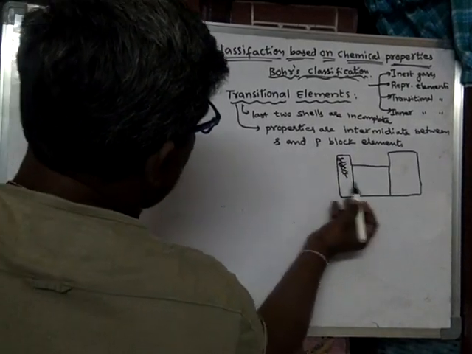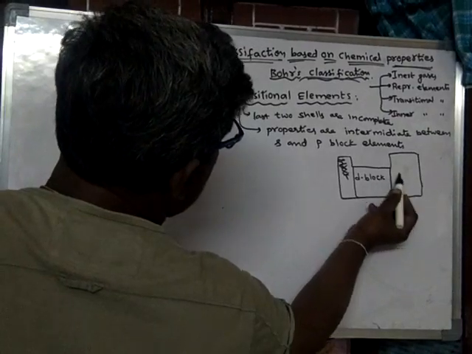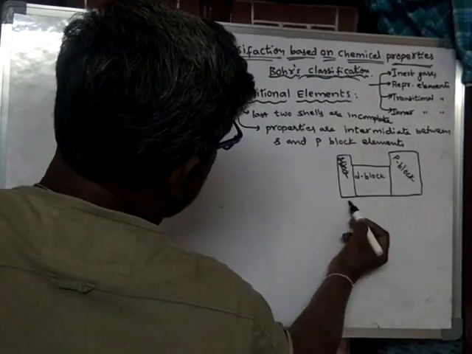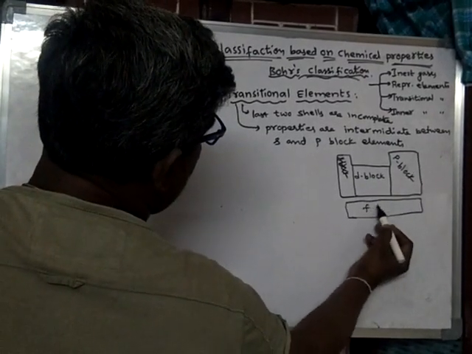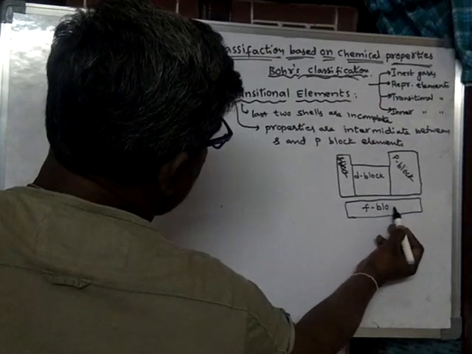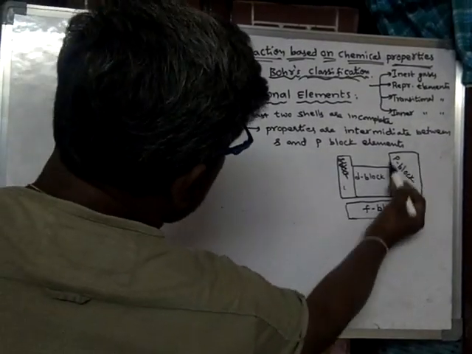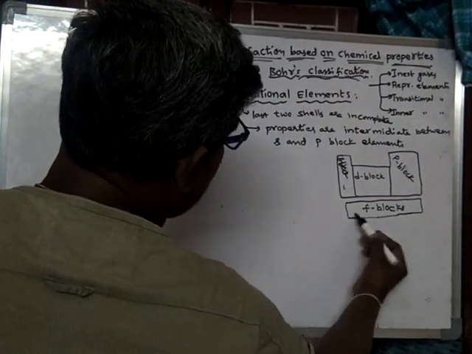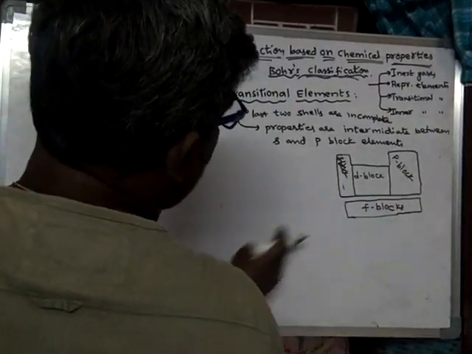These are S block elements, these are D block elements, these are P block elements, and these are F block elements. Here there are two groups, here 6 groups, here 10 groups, and here 2 series of elements. We look into the F block later on.